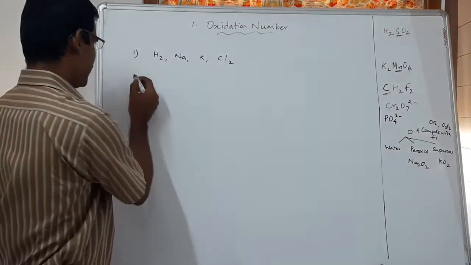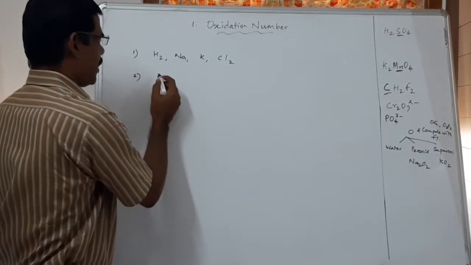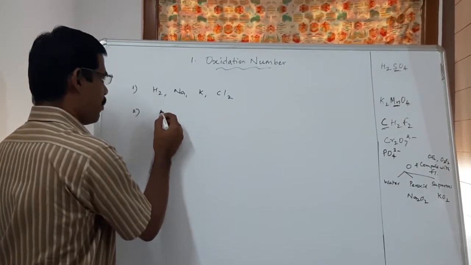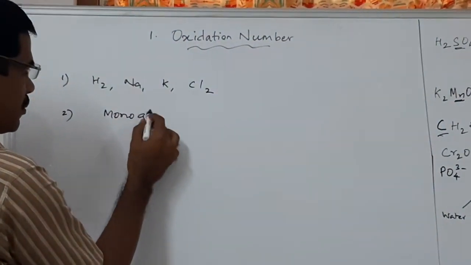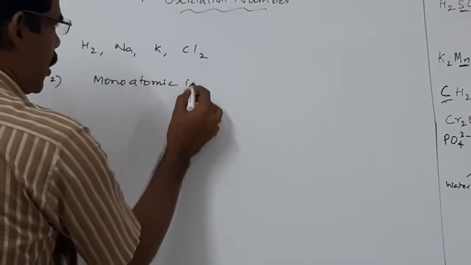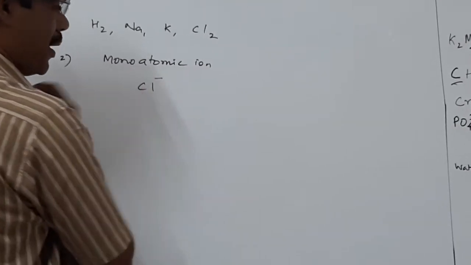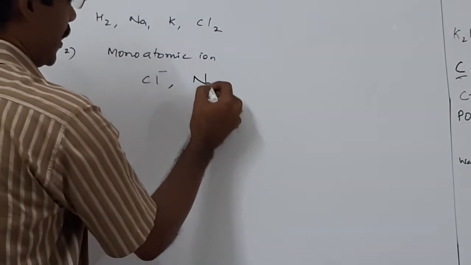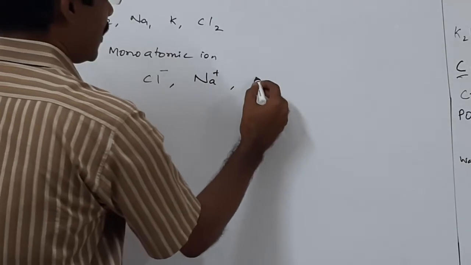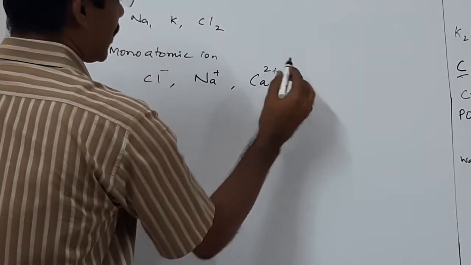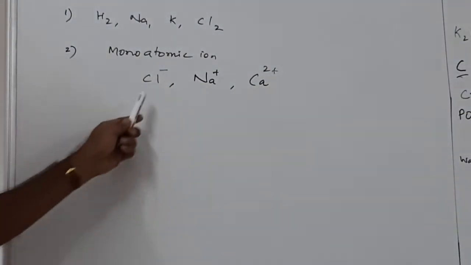Second, in the case of a monoatomic ion, for example Cl minus or Na plus or Ca2 plus, these are all monoatomic ions, where you have only one atom present.